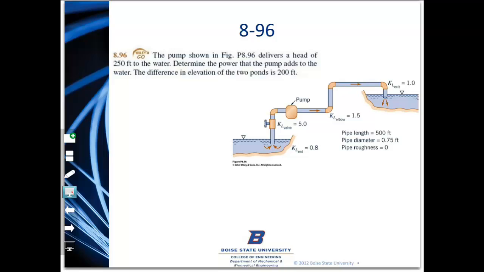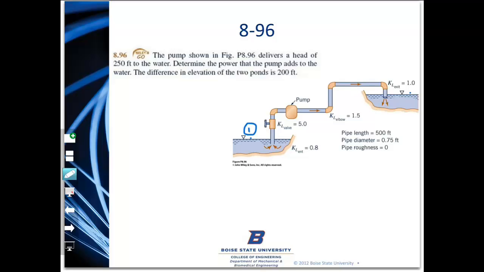Okay, so again we are interested in finding the power in this particular problem. It's a little bit involved, as you will see pretty soon in this problem, but we have to set it up. So let's try to make use of the fact that these are two reservoirs here.